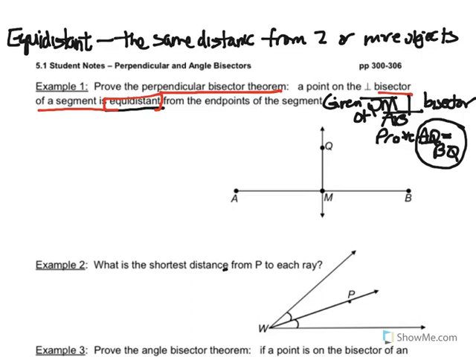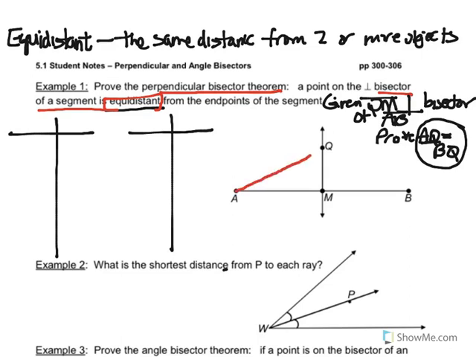So you're probably going to need 2 columns. I'm going to start here, and then we'll finish up over here. So let's start by drawing our auxiliary lines. Now, mind you, I'm on this little iPad and don't have a straight edge, so I'll do my best. So we're going to draw AQ. Not bad, huh?